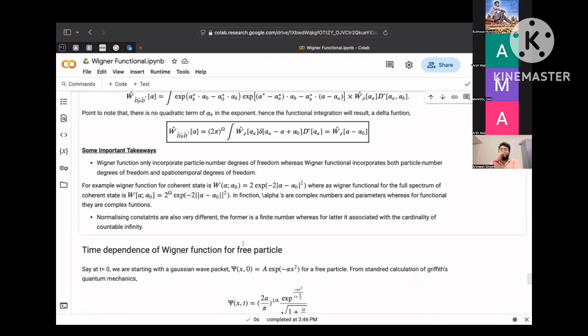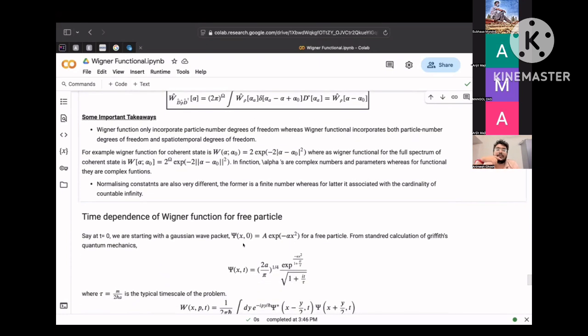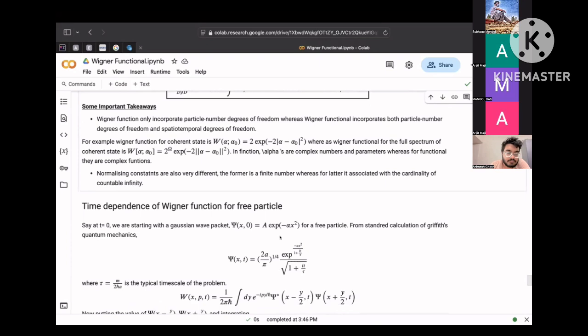Now, apart from this, it's a good idea to see the time dependence of the Wigner function, and whether it exactly matches our normal understanding of the Schrodinger equation. Let's take a simple example of a free particle that starts at t equals 0 at the origin with a Gaussian form, and I let it evolve with the energy available.